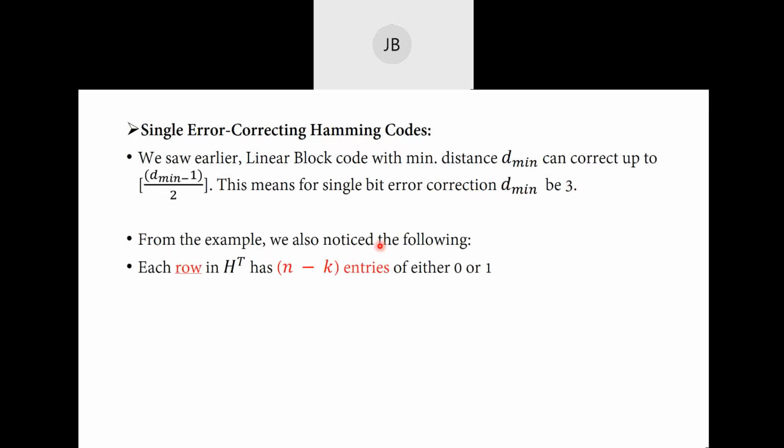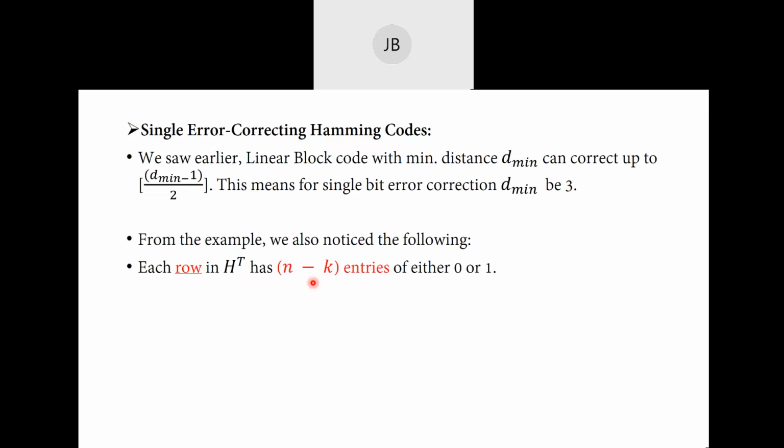Also, from the example we notice the following: each row of H transpose has n minus k entries. This comes from the structure of H transpose itself, because H transpose consists of P and I, so we have n minus k columns.